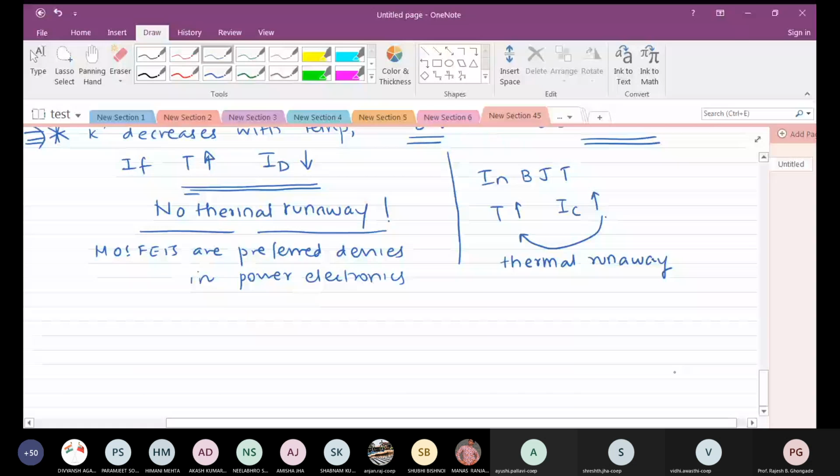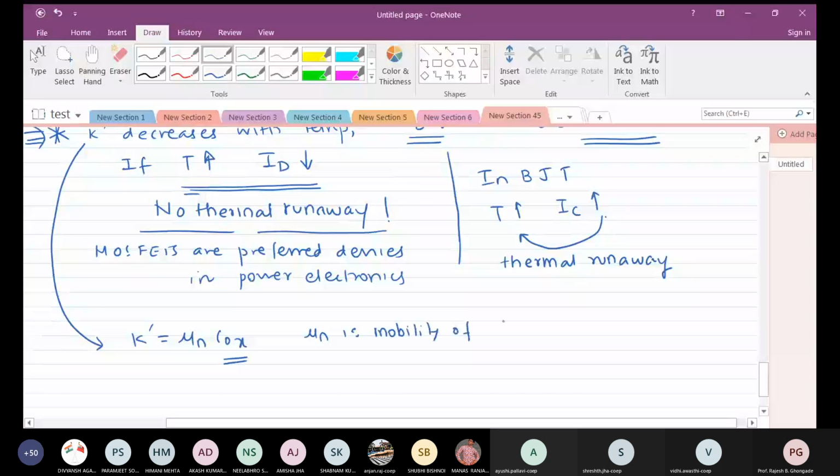I said this needs a little more explanation. It's very simple. What is K dash? It is mu n into COX. COX does not change with temperature. But what is mu n? The mobility of electrons.